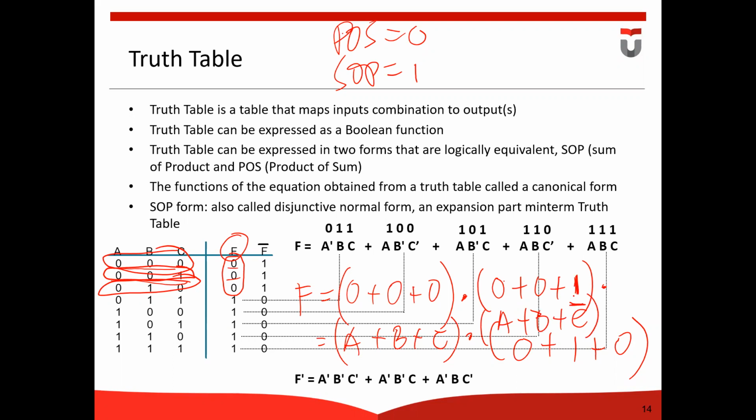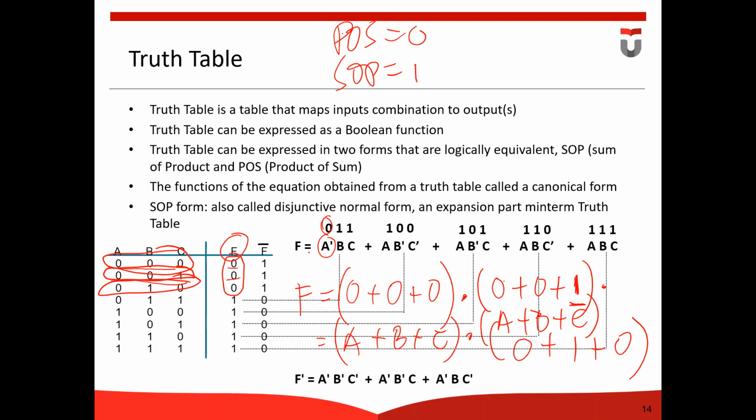Remember, in POS 0 is active, but in SOP 1 is active. So that's why when A is 0 in SOP, it will create A not. But in POS, it's the other way around.